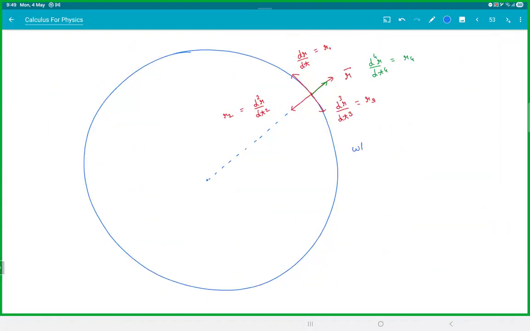When we differentiate a vector with a constant magnitude, it rotates 90 degrees anti-clockwise. If you see, it's rotating opposite to the clock.